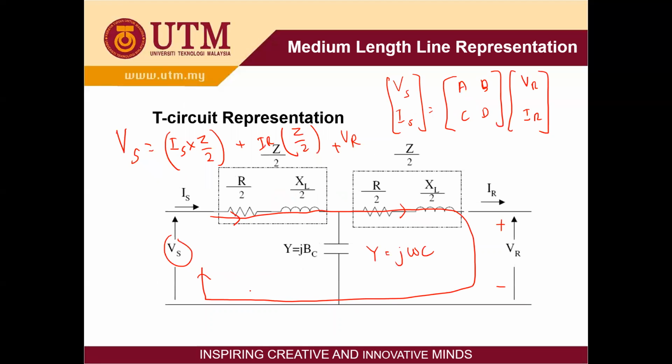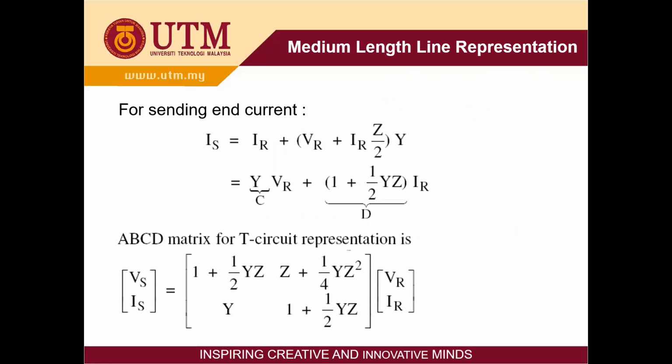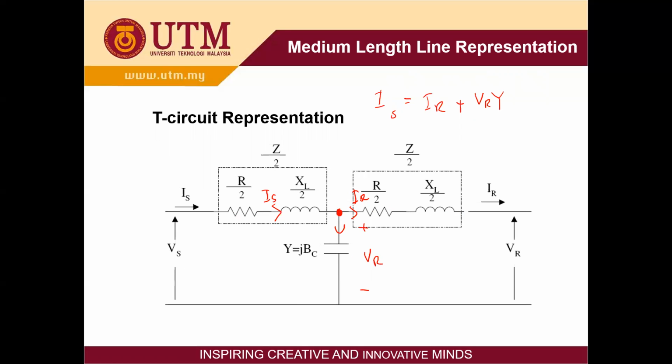Where this comes from is the KCL at this point: Is is equal to IR plus the current here, which is the voltage multiplied with Y.